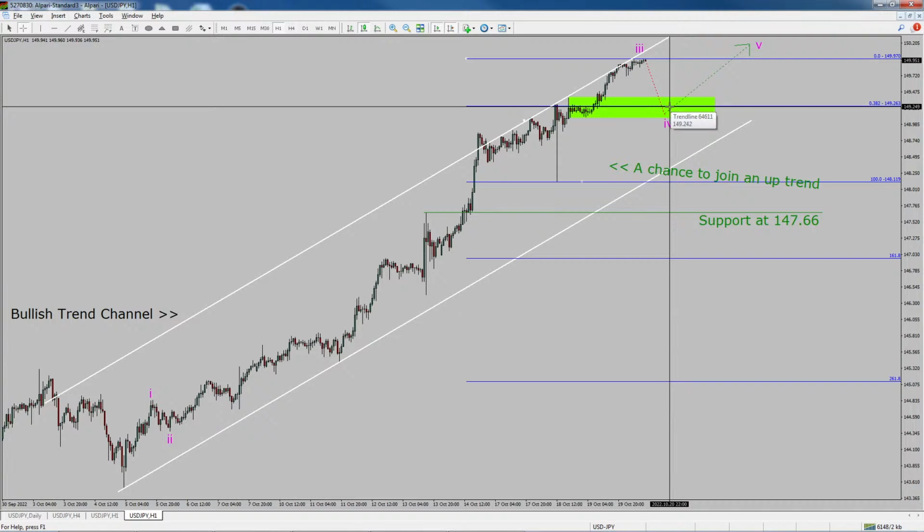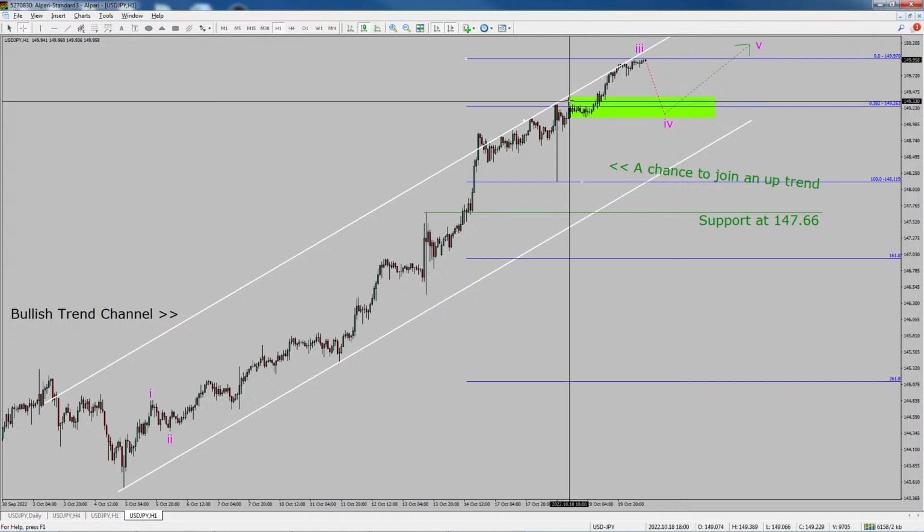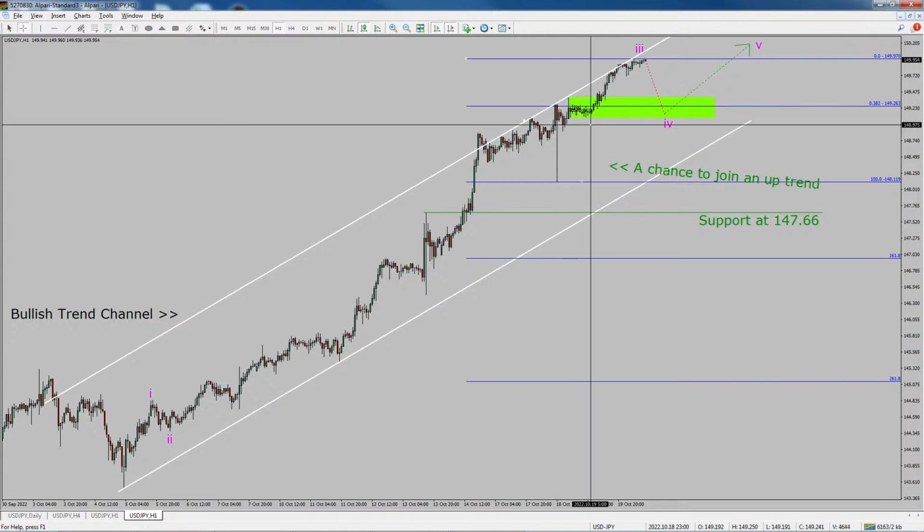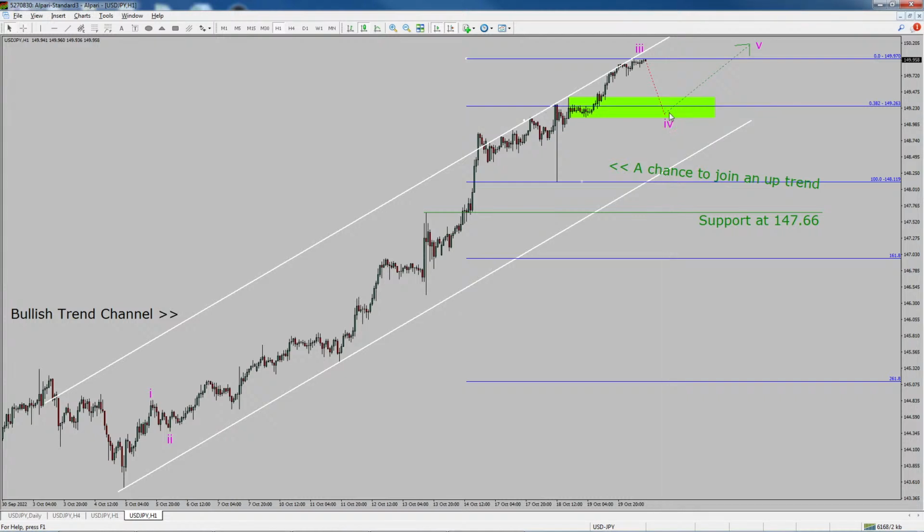So this is an area of confluence. The previous fourth wave of one lesser degree, that's the buy zone, and secondly the 38.2% Fibonacci retracement level. So this means we have a chance to join an uptrend right there if price is going to drop.